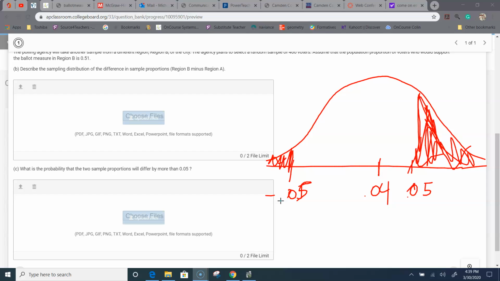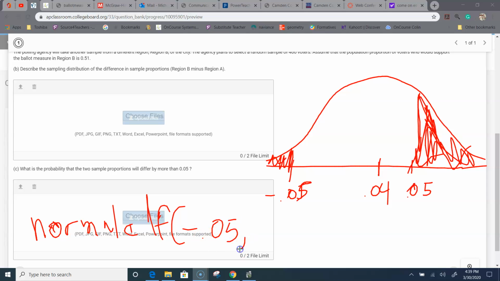So the easiest way, in my opinion, to get this area, I would get the area that I don't need, the white area, and just subtract it from 1. So what this would look like for me is I would say normal CDF, let's go from negative 0.05 to 0.05. We put 0.04 in the middle. And recall what our standard deviation is going to be.